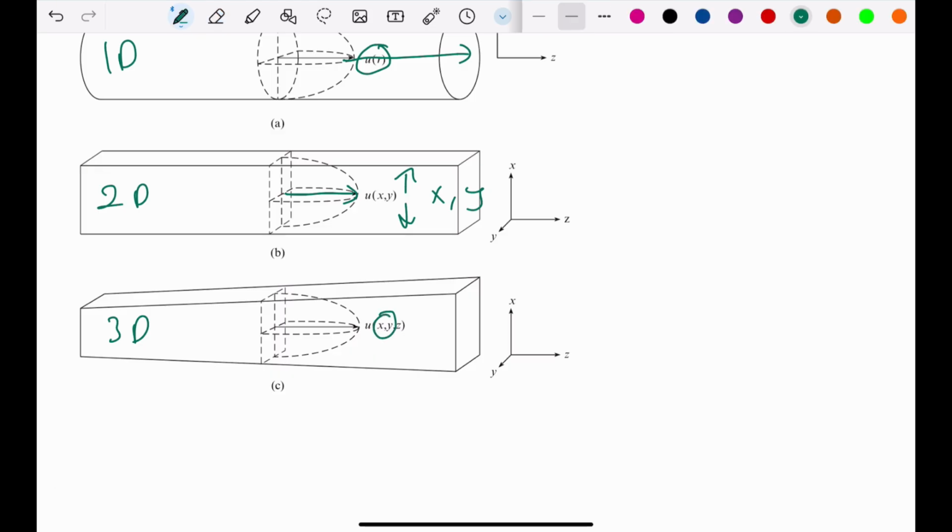So this means we have a flow which is moving forward or back or up. For example, let's say this is moving forward. It has up and down movements. And also, this time we have sideways, or in other words, I mean that the cross-section area is expanding in the flow direction.